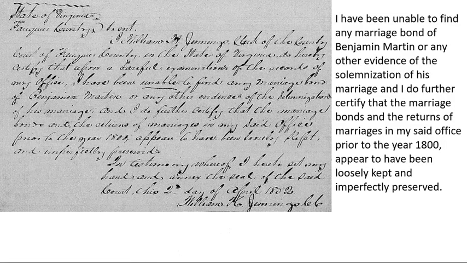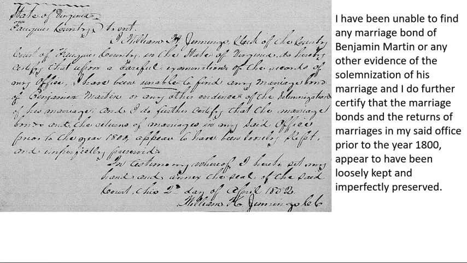But within that, there's so much information in many cases within a pension application, whether you're following that person or somebody else in the neighborhood. There is even the notation of a marriage bond in Fauquier County for them at the date of their marriage, that he can't find any marriage bond or any evidence of the solemnization within their records.